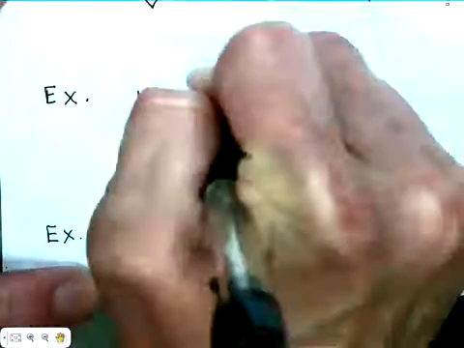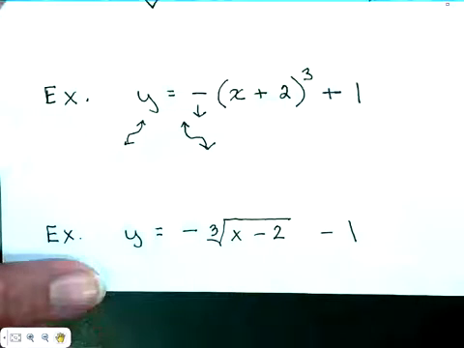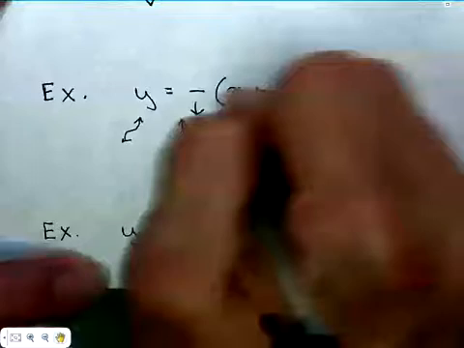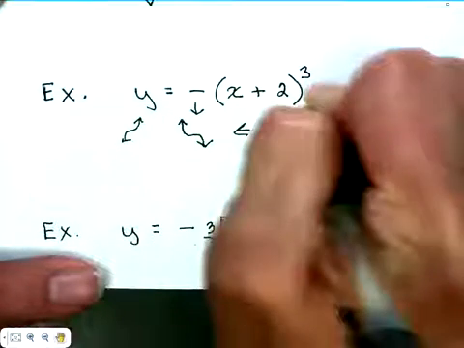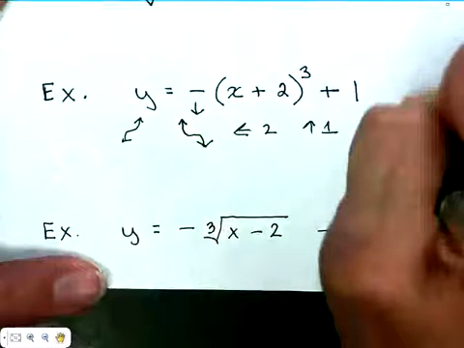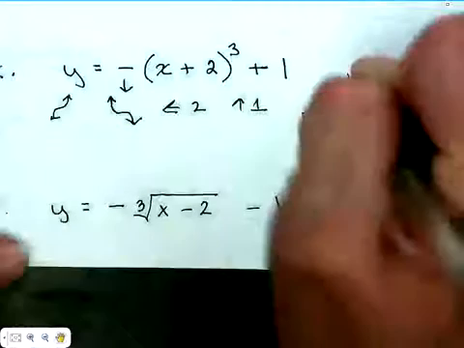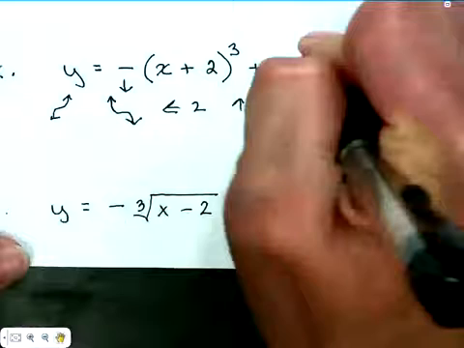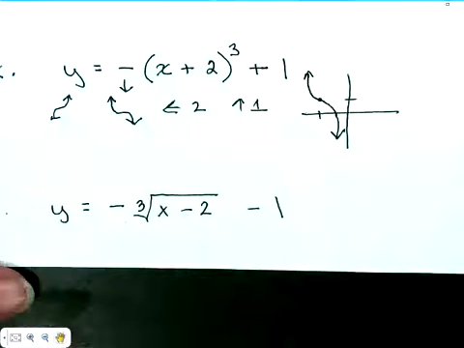The negative flips it with respect to the x-axis. The adding 2 moves it to the left 2, and the adding 1 moves it up 1. And you don't have to write all that down on the test. I'm just trying to give you something to think about in your notes. That's all you have to put on the test.